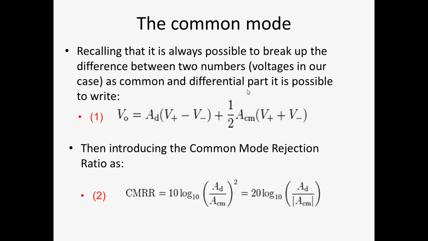Okay? And in fact, if you go into the specs of the recording device you use, you're going to see this name: common mode rejection ratio. And normally it is expressed in decibels because it's a huge number.